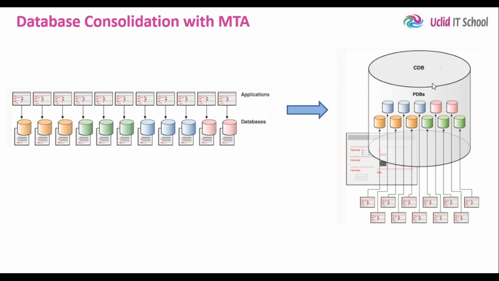This one database which contains other databases is called a container database, CDB. These other databases are called pluggable databases. So with multi-tenant architecture, you create a container database which includes multiple pluggable databases.